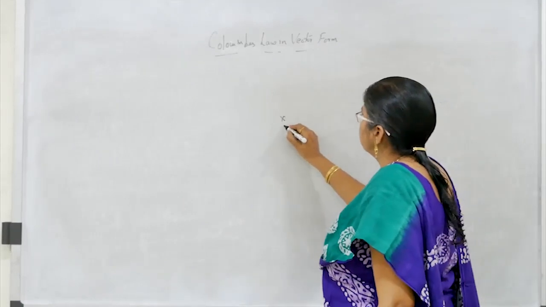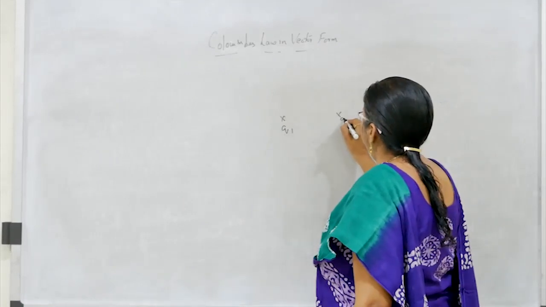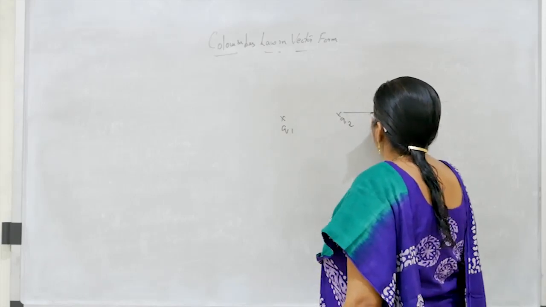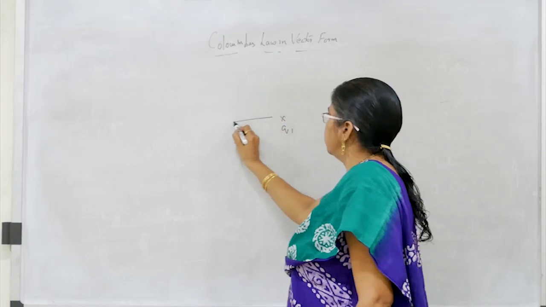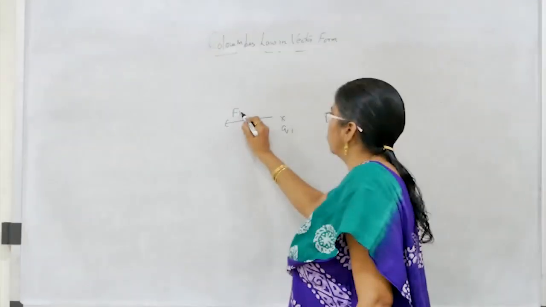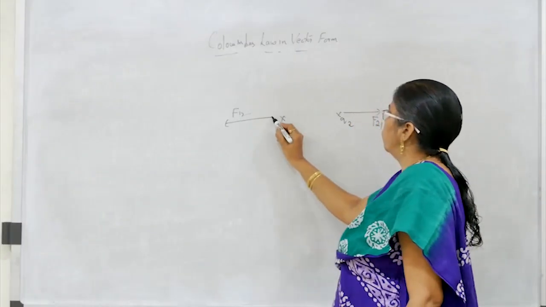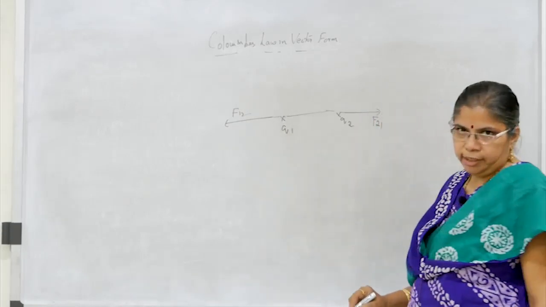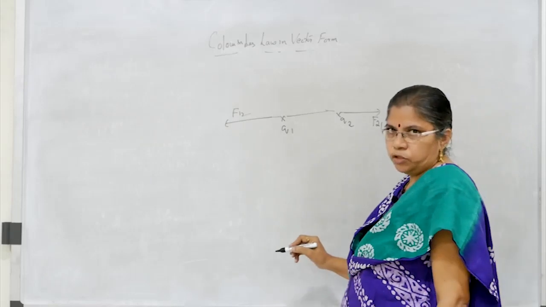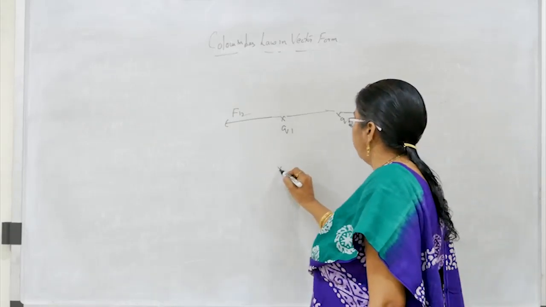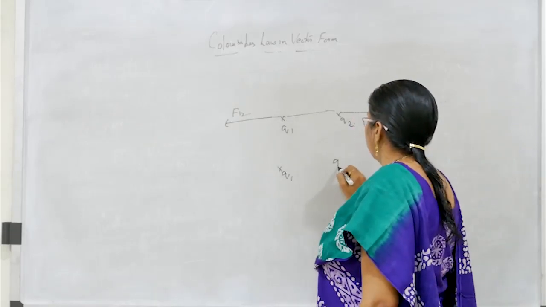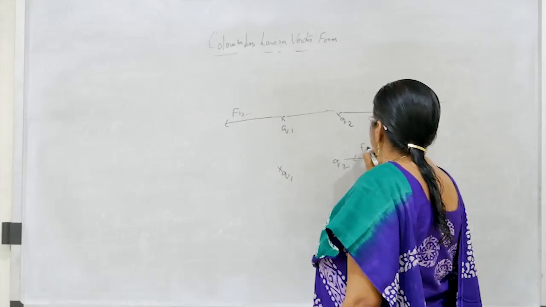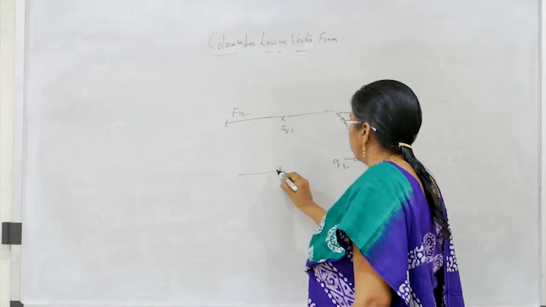These are charges Q1 and Q2. So this is F21 and this is F12. If both are the same charges, then their direction is like this, and it is a repulsive force. And if they are opposite charges, it is an attractive force, like this.